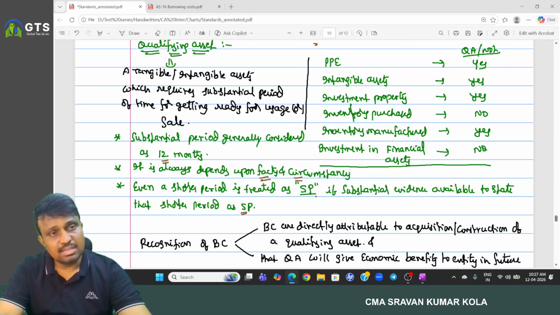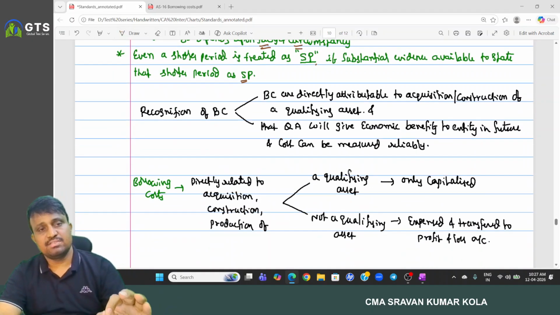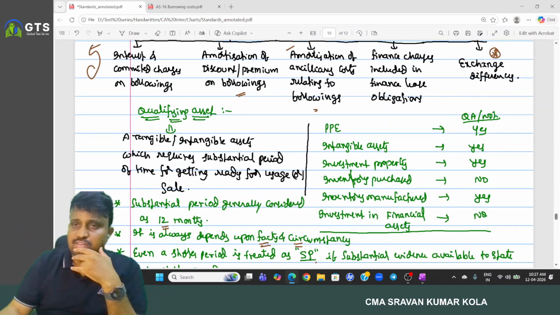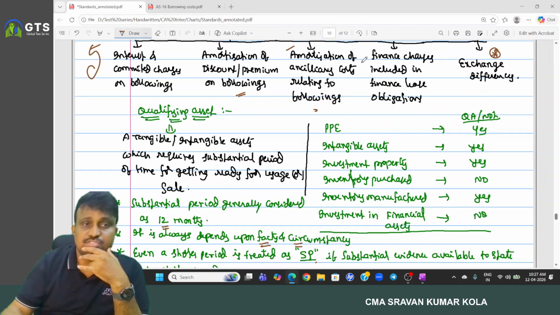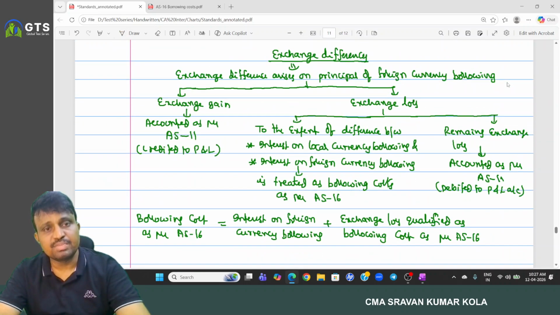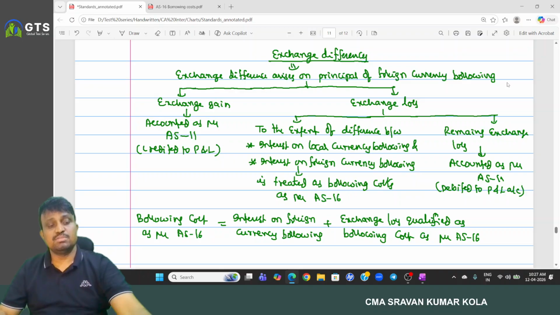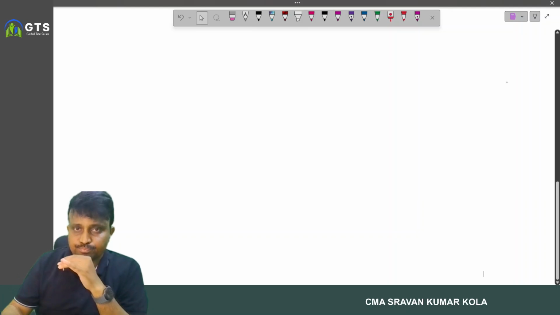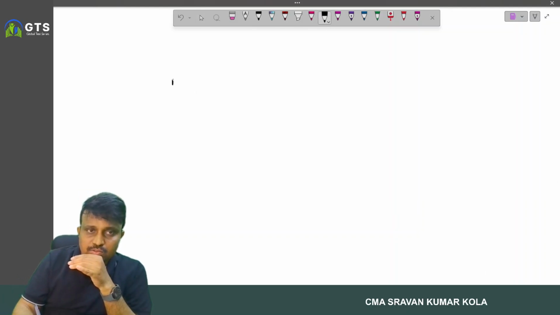Okay, and next one, how to recognize. Before going to the recognition, one point we have is exchange differences. Exchange differences are nothing but, for example, you take a loan from a bank.